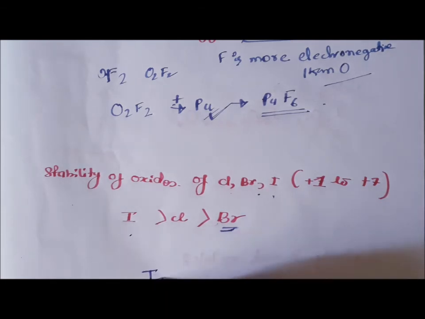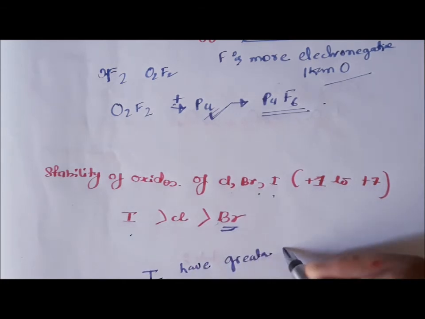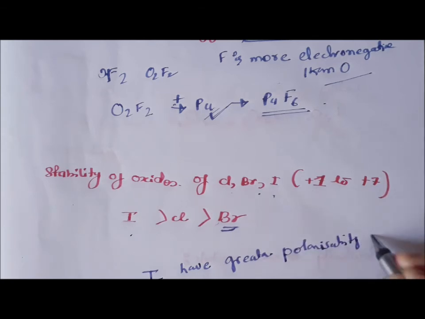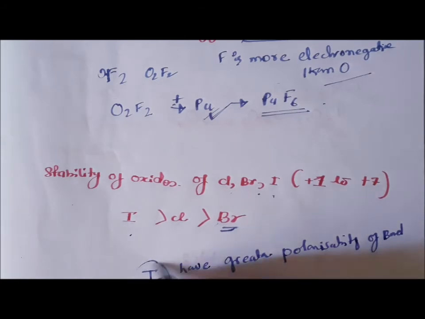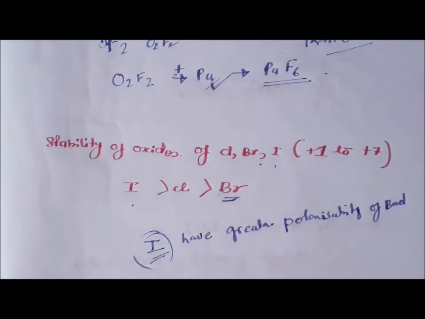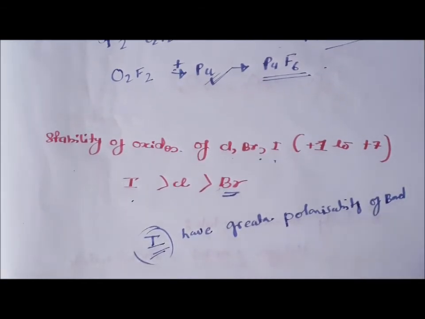Because iodine has maximum polarizability of bond. Whatever bond there is, I polarizes it, and because of that the bond becomes more covalent and more stable.